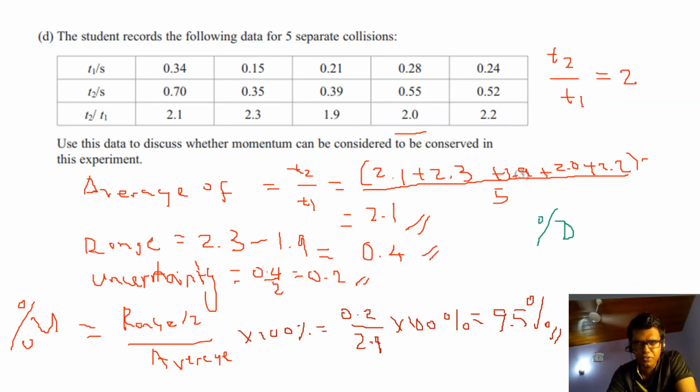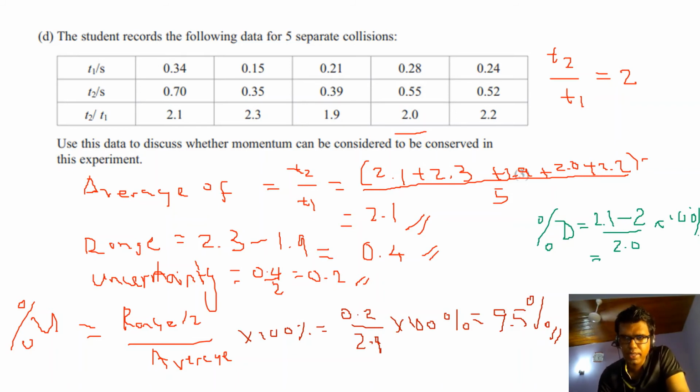Directly take the percentage difference. Percentage difference is the difference between our value, which is 2.1, and the expected value, over the expected value, times 100%. So what do we get? 2.1 minus 2 over 2 times 100. So we get 5%.